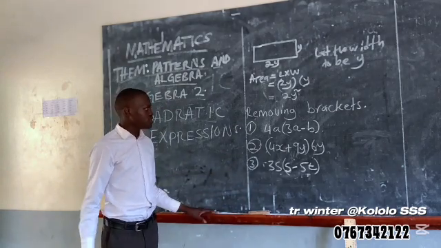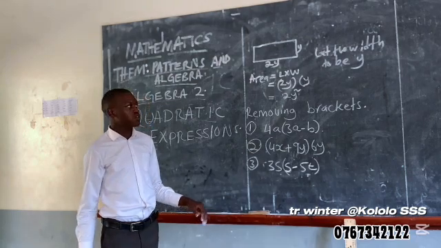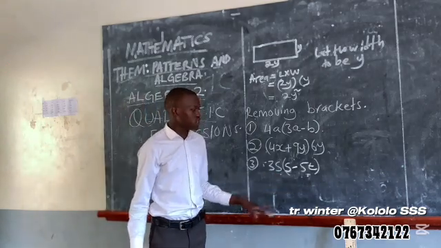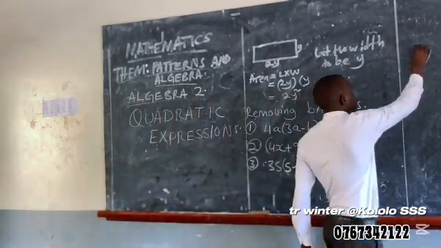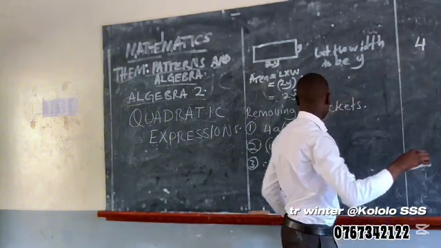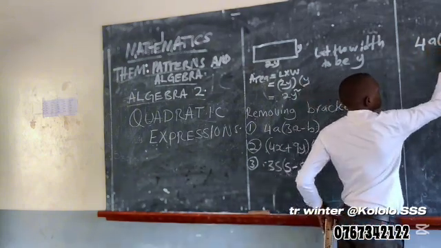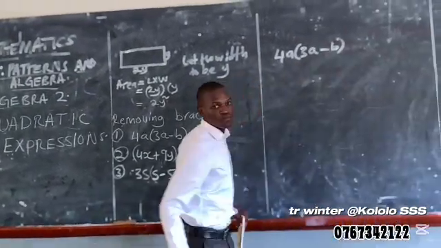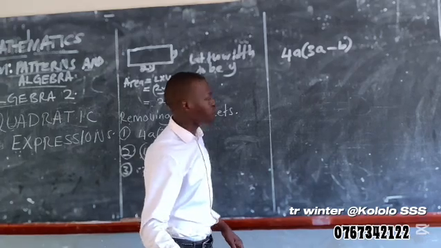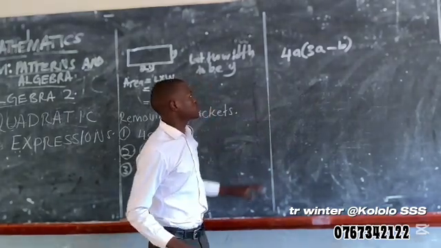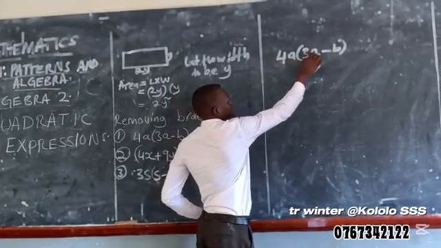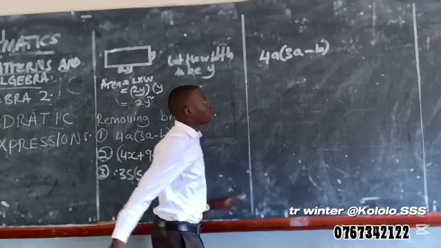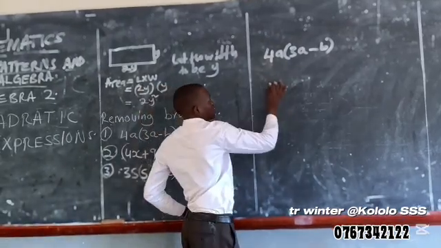For example, you can see in part 1, they are telling us to remove brackets. Let us try to solve and we see it is 4a into 3a minus b. When we are solving this, 4 times 3a, you multiply the coefficients. 4 times 3, you get 12.